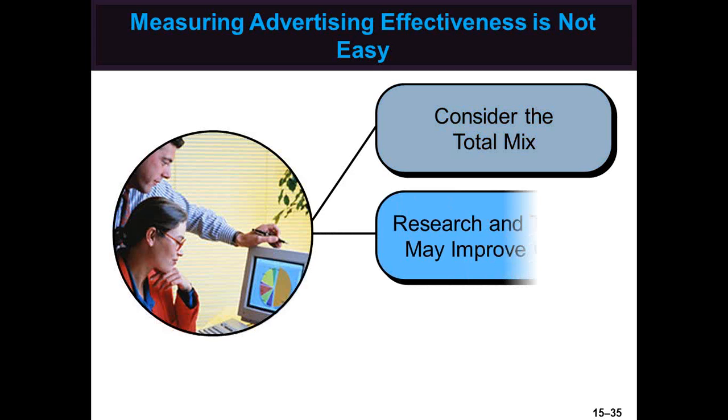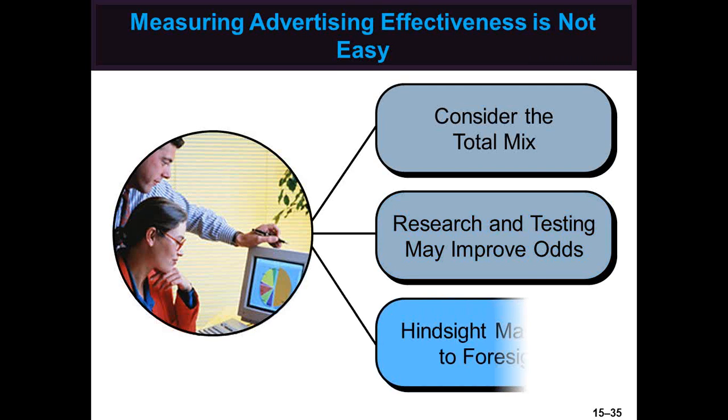Success depends on the total marketing mix, not just advertising. The effectiveness of advertising is hard to separate from the effects of other elements of the mix. For example, a great advertisement cannot be faulted for failing to sell a poor product. Research and testing can improve the odds.